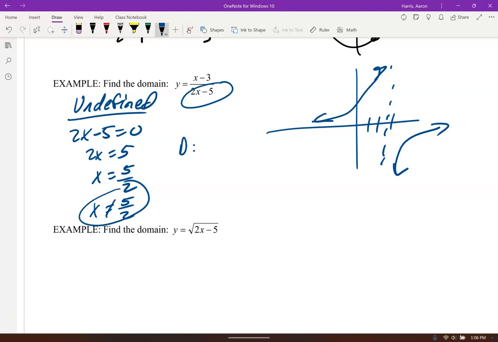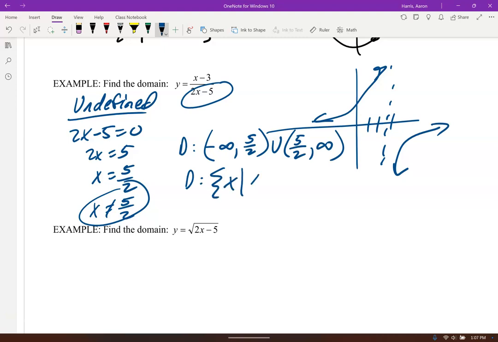So when I do my domain, I say, well, negative infinity up to 5 halves, union, and there's a break. Notice there's a parenthesis on that. In set notation, you'd say x such that x is an element of the reals, except it cannot be 5 halves. Whoops. Do my brackets there. Or my squigglies. I forget what you call those.